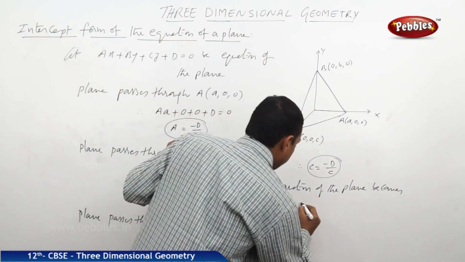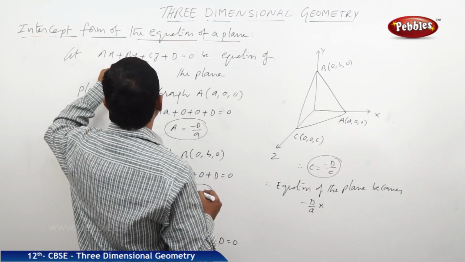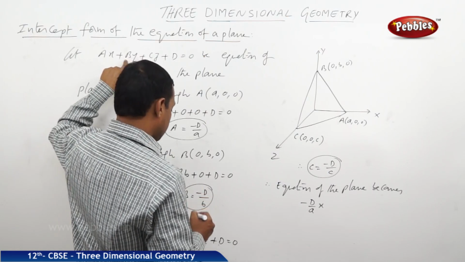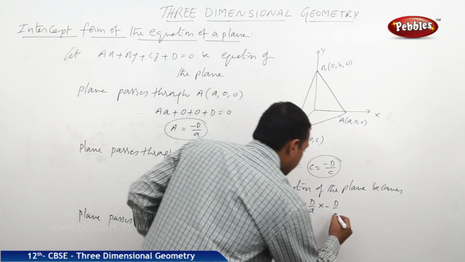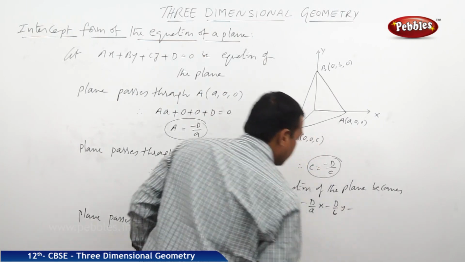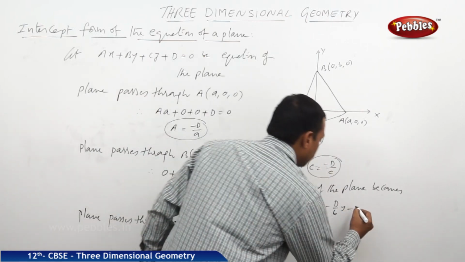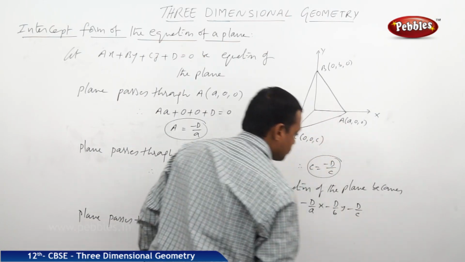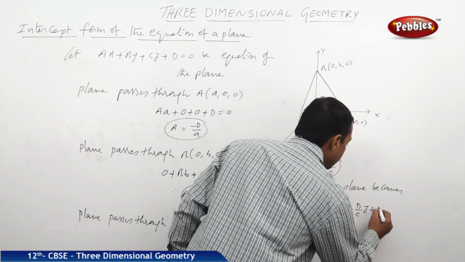Minus D by A into x, plus B into y, where b is equal to minus D by B, plus C into z, where c is equal to minus D by C, plus D is equal to 0.